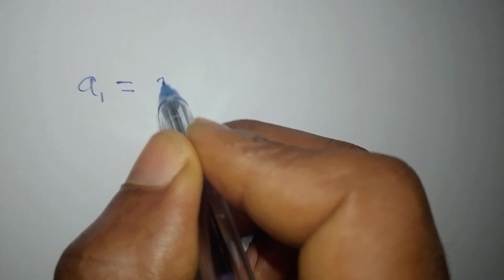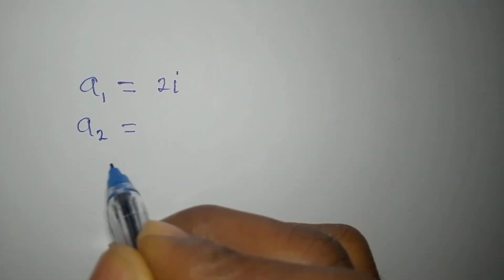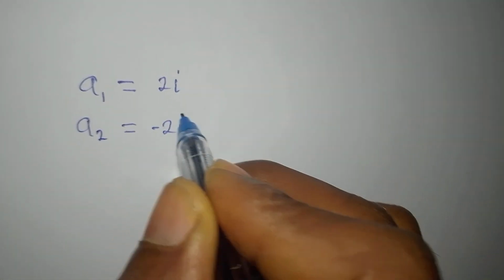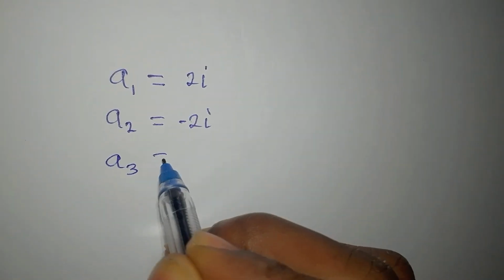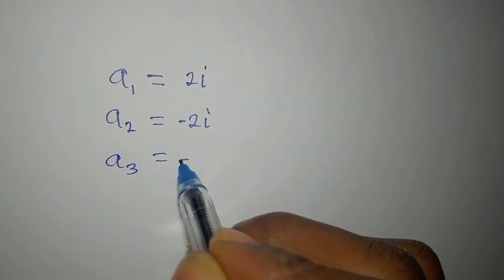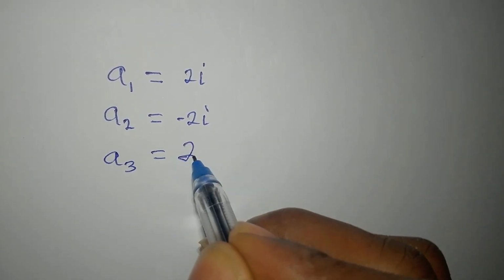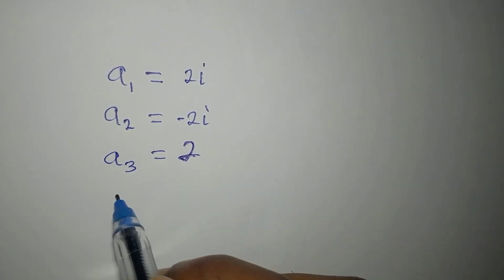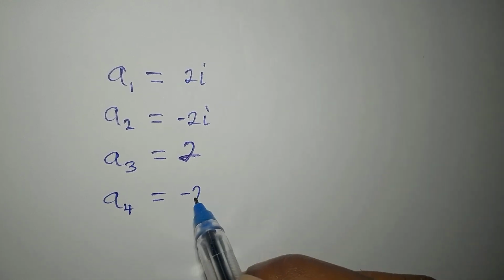Okay, so here are the four solutions. We have a1 equals 2i, a2 equals negative 2i, then we have a3 which is equal to, okay, let's use positive 2 first, positive 2, and then a4 equals negative 2.